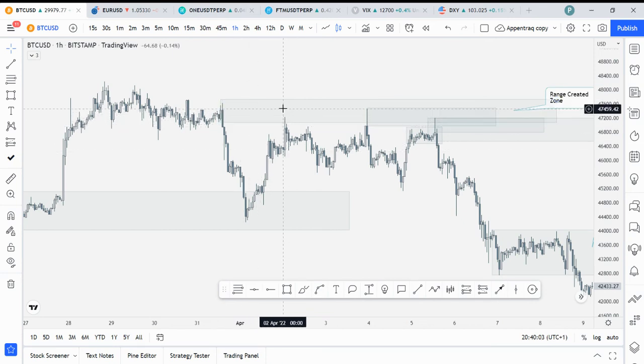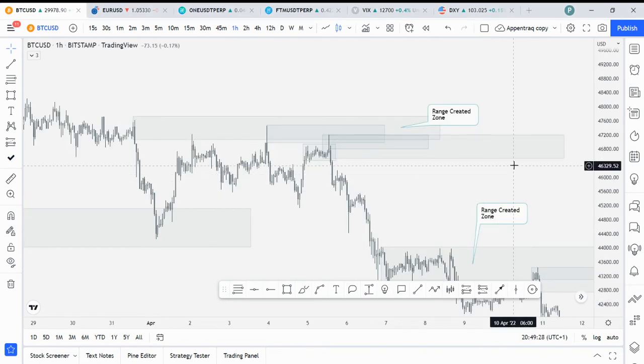Once price taps into it, it becomes mitigated. This is not full mitigation, this is a partial mitigation. As long as the zone is not completely mitigated, it will most likely still produce a reaction.